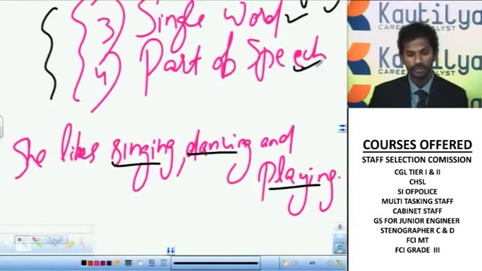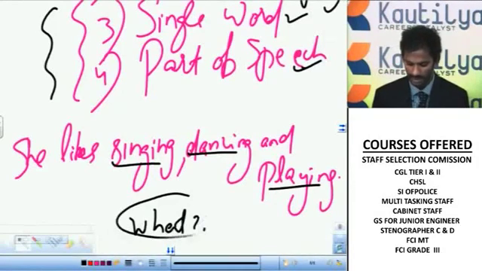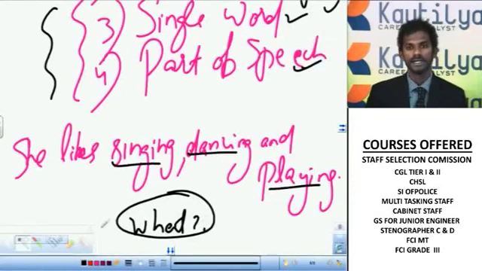Come to the first idea, singing. Singing is a noun or a verb here. I told you how to find out whether an ing word is a noun or a verb. We need to ask only one question word to find out the noun in a sentence, that is what. If you're getting the answer to the question what, that becomes a noun in the sentence.